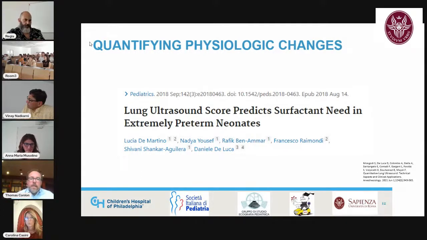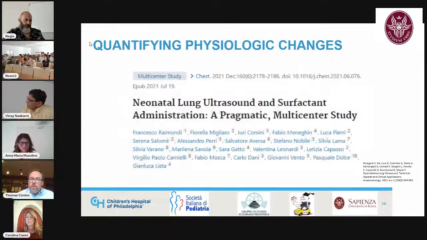And not only can they identify the need for therapies, but also the responsiveness of therapies, which we can see in this manuscript from CHEST in 2021. And obviously, these are all being led by these incredible Italian physicians who are in neonatology. And again, with colleagues such as yours in emergency medicine, really driving things in lung ultrasound.